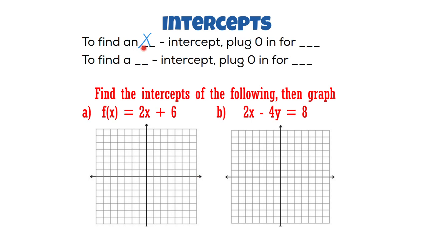So if I want to find an x-intercept, I'm just going to plug 0 in for y. And the opposite also holds true. If I want to find a y-intercept, on the y-axis, all the x values are 0. So I'll plug 0 in for x. So you're always plugging 0 in for the opposite value.